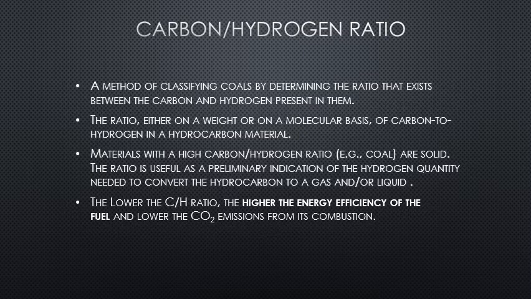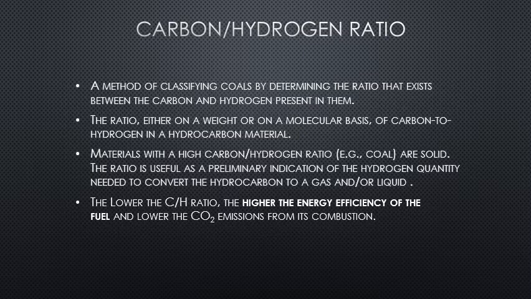The materials which have high carbon hydrogen ratio are generally solid in nature, for example coal. So this ratio is useful as a preliminary indication of the quantity of hydrogen needed to convert the hydrocarbon to gas or a liquid.